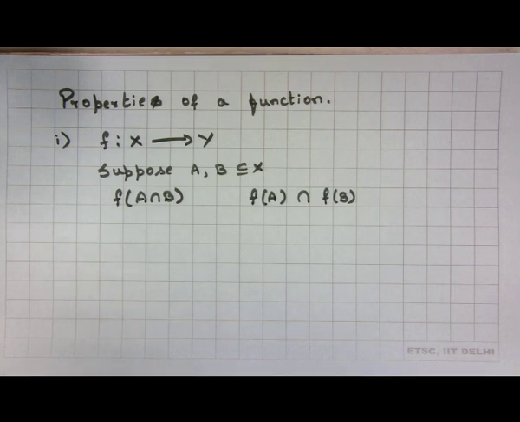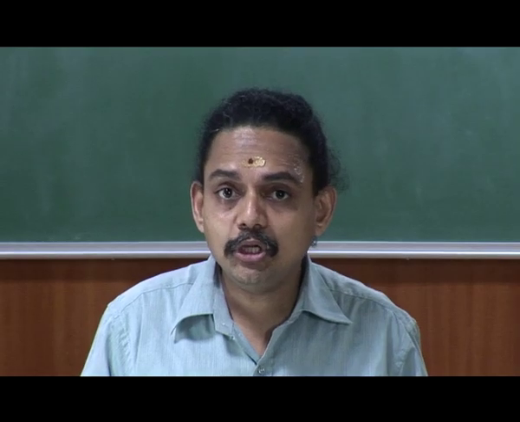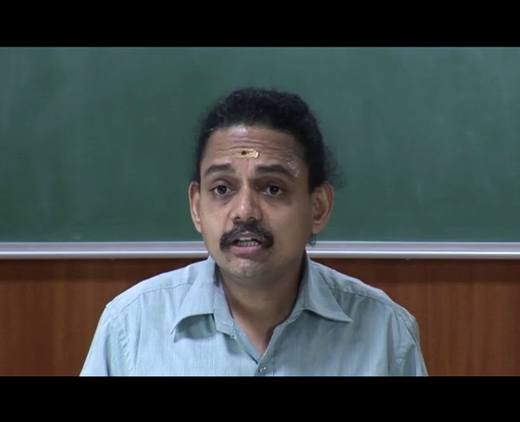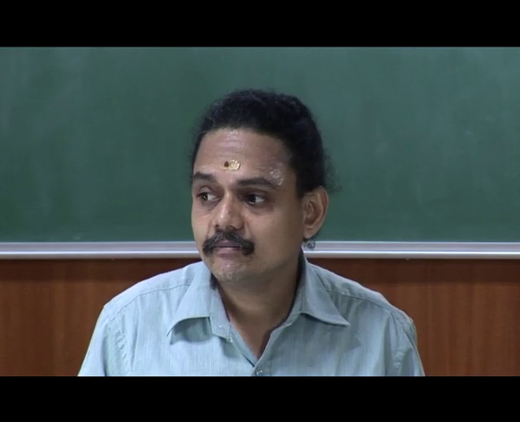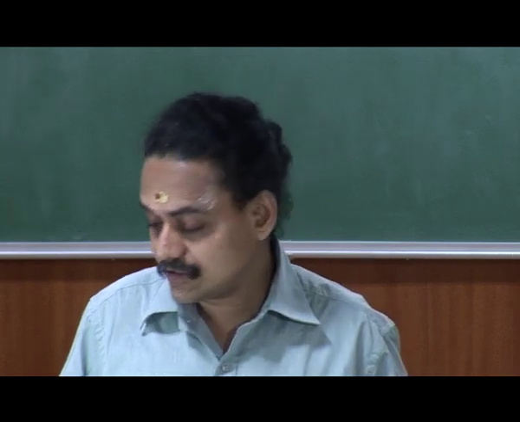What is the relation between these two? Are these two equal? If not, which one is contained in the other? These are some of the questions that one can ask.